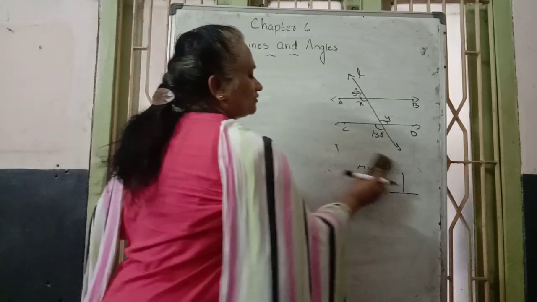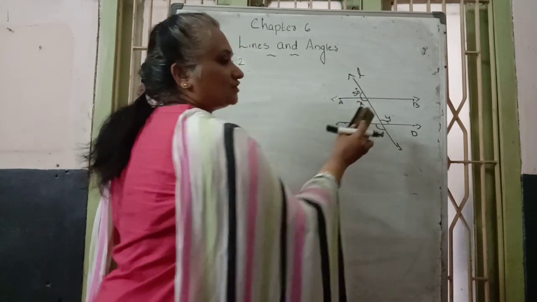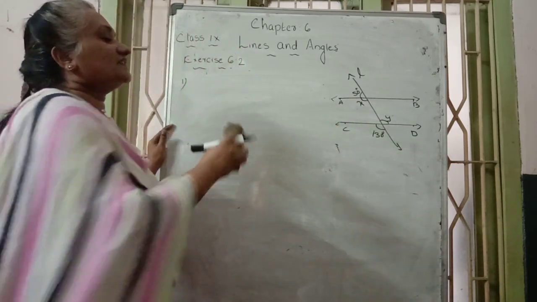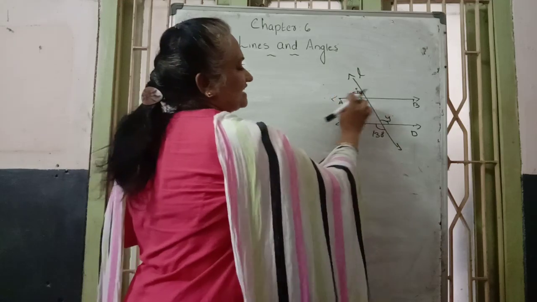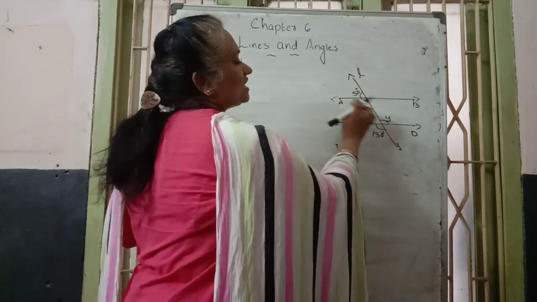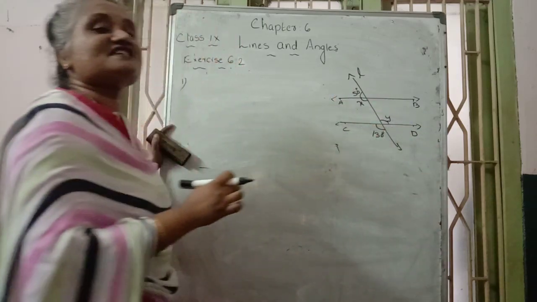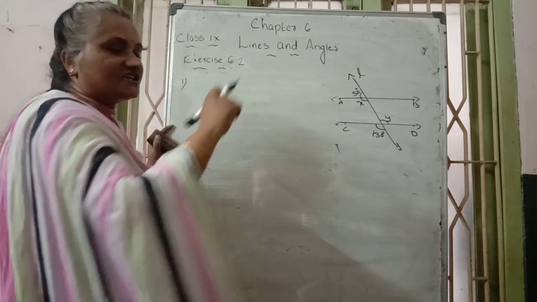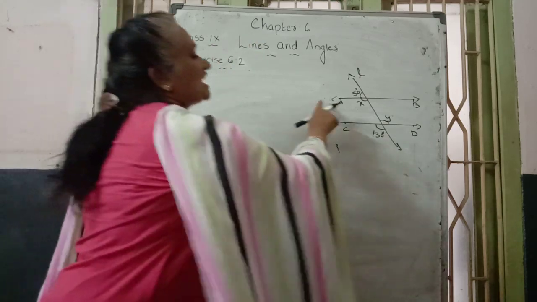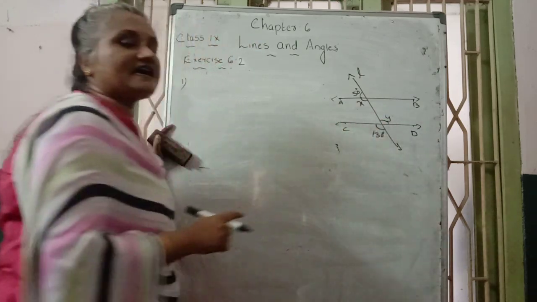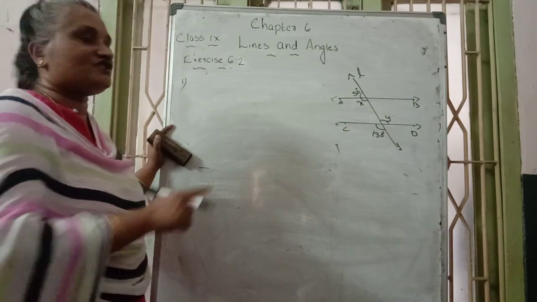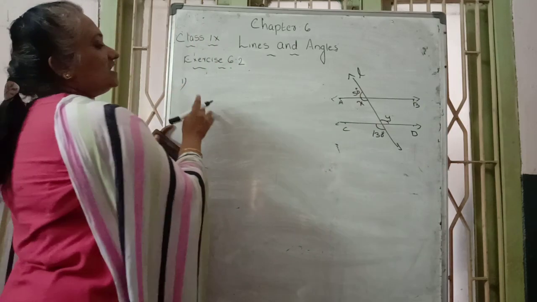So here, first we want to find the X and Y values. Then afterwards we can say that X and Y make alternate angles, a Z shape. That is why we can say line AB and line CD are parallel. That is the procedure for solving this first question.